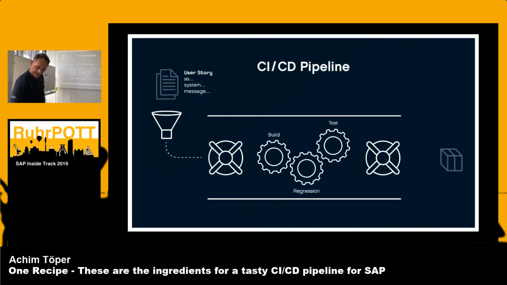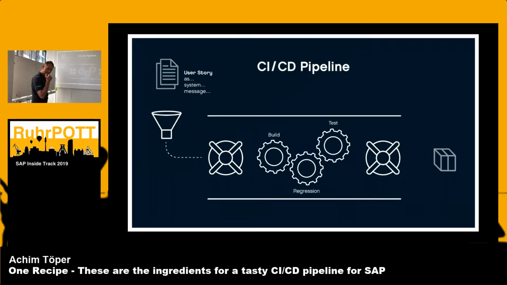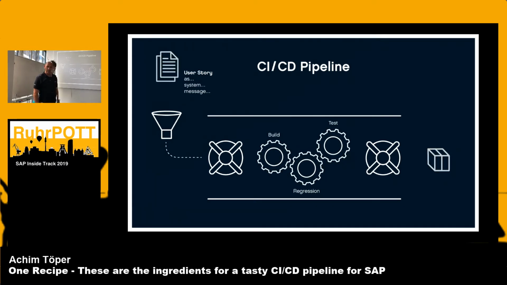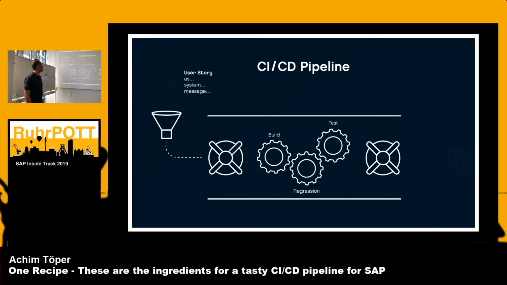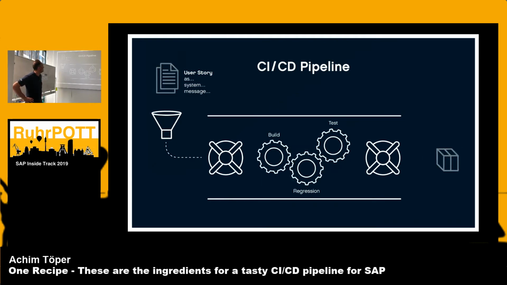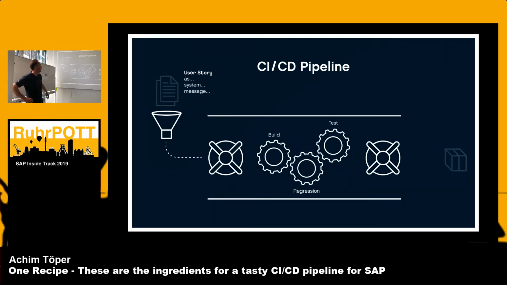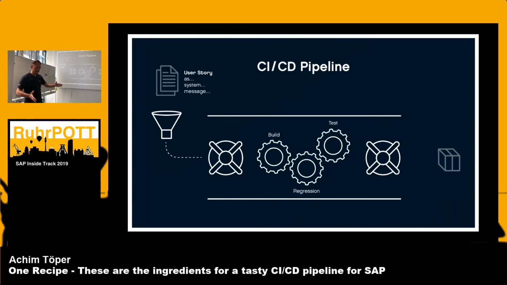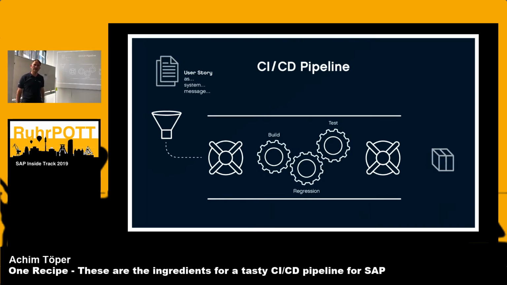So let's imagine a meal coming from a customer's order, going into a kitchen, coming out and going then back to the table of the customer. So this is also a kind of pipeline. Let me show you that example on a continuous integration, continuous deployment pipeline here. Maybe you have a demand or a request that gets into that pipeline as a user story. Then we can handle the width of that pipeline a little bit.